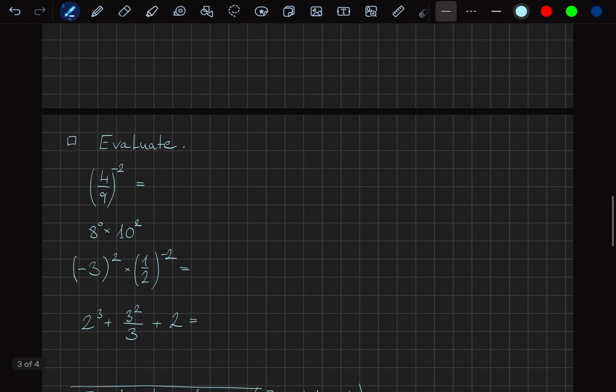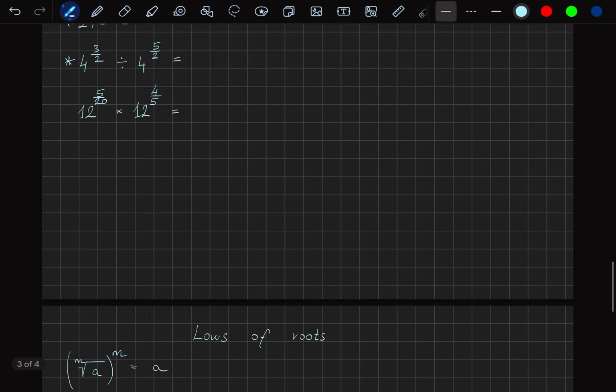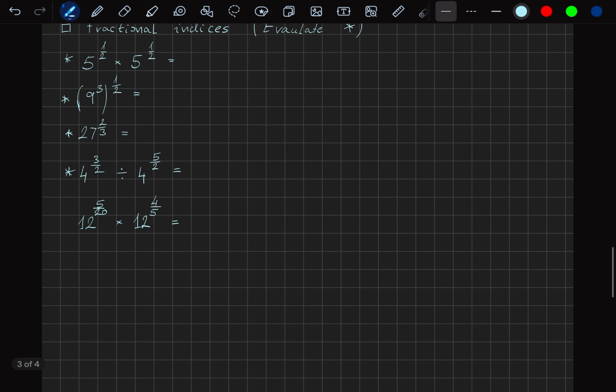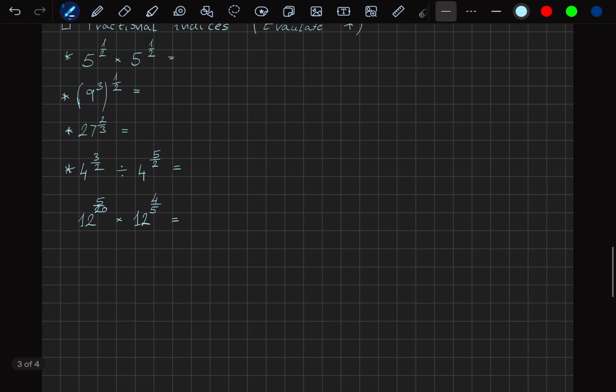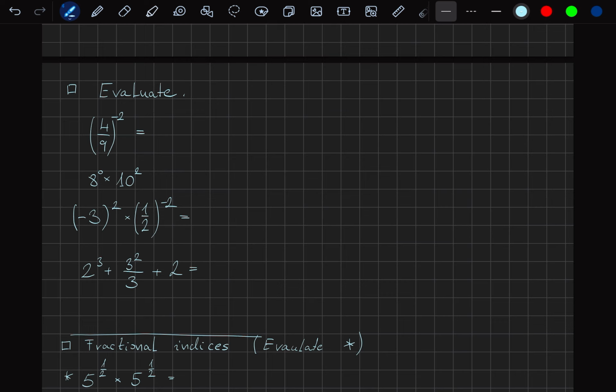Okay, evaluate. Next one, it will be trickier. As you can see, this will be the last problem, this 2, and after we will talk about the lots of roots. So, if I have a fraction and I raise this to the power -2, then I will just raise the numerator and the denominator.